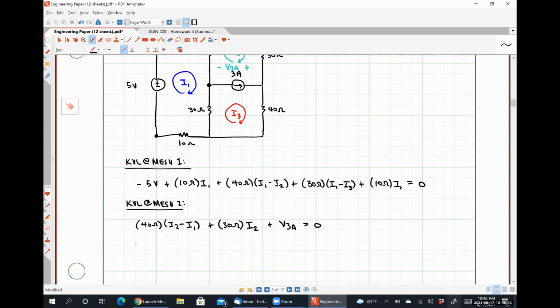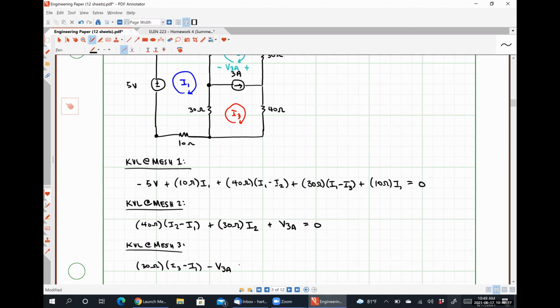When I write my equation for mesh 3, I'm going to run into a similar issue, right? So starting at the bottom left-hand corner, I'm going to see 30 ohms times I3 minus I1. Now I see the negative polarity terminal of that V3A, so that's really all that I can do.